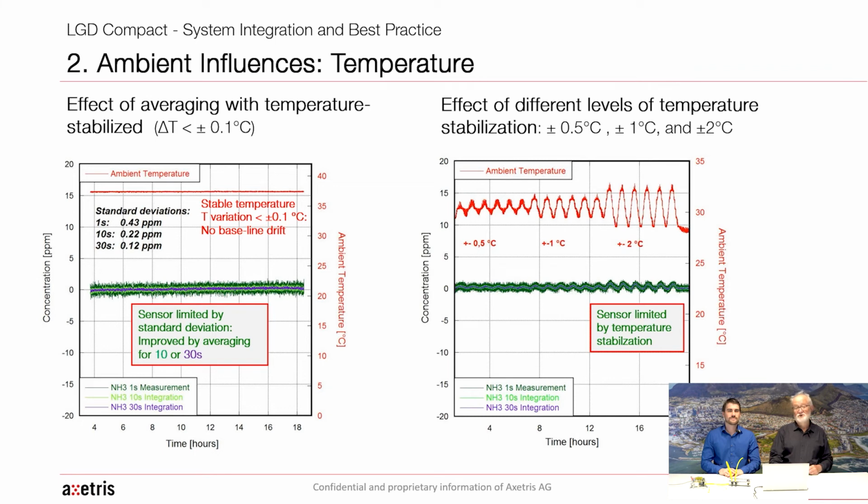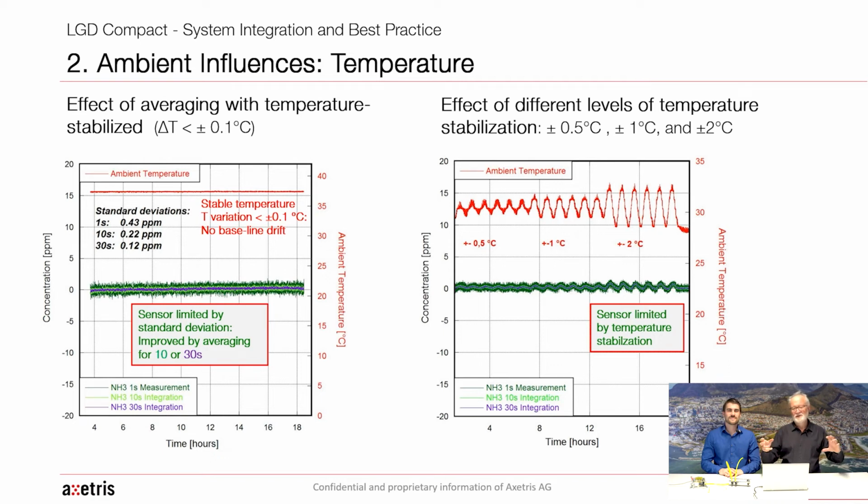When the temperature is not so stable, it's more complicated. And we have done an experiment in the lab to show the influence of this temperature instability. We have used a simple on-off control to stabilize the temperature of a housing around the LGD.